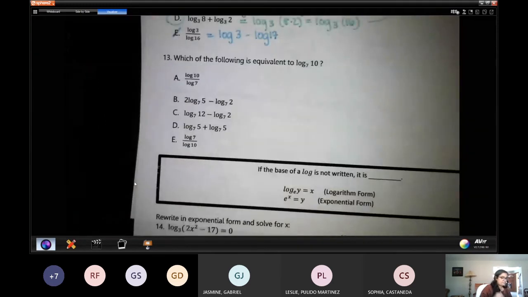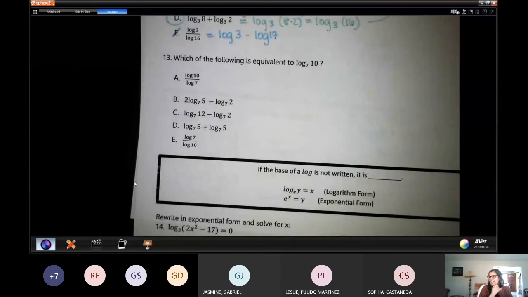All right. So y'all should be working on actually 13. And as y'all work through that, let me know what you get, okay? Here you might need to do process of elimination. In fact, you probably are because you don't know the change of base formula yet.